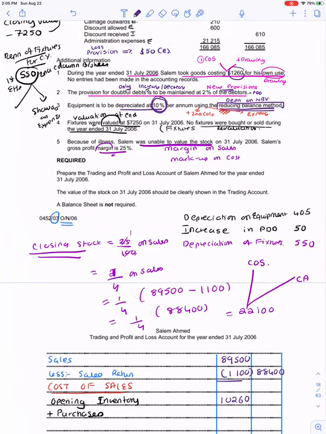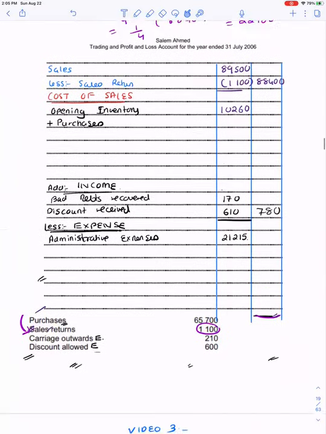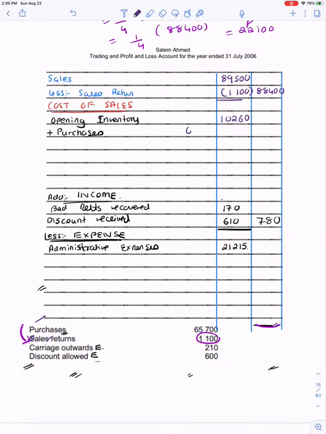In cost of sales, it is subtracted from purchases. What is my purchases? My purchases is 65,700 less goods for own use 1,260. This will give me my net purchases since there are no purchase returns. 65,700 minus 1,260 gives me 64,440.